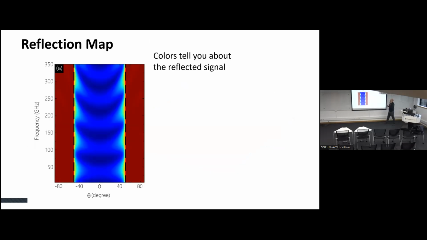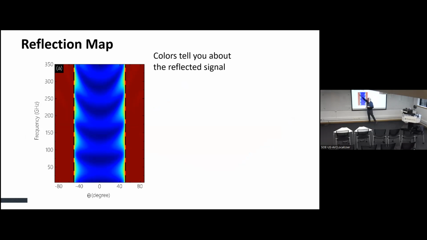And here, I'm going to spend a little bit of time on the picture of what we get. The color is basically how much is reflected. I'll put up a color bar in a minute, but blue means mostly transmitted, red means mostly reflected. What I'm plotting here is the angle of incidence, so negative angles over here, positive angles here.